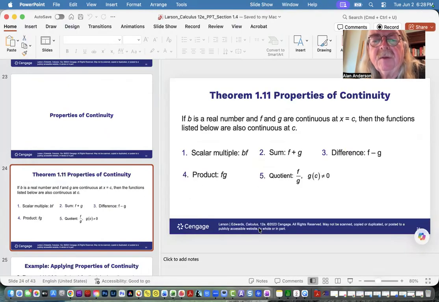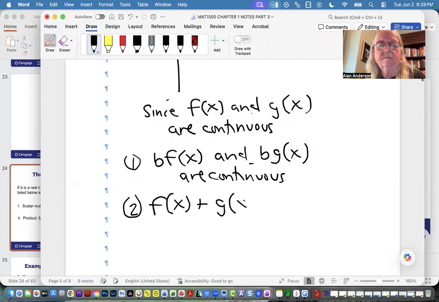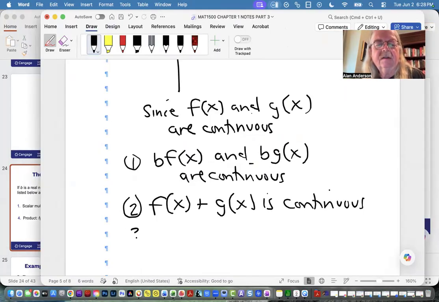Okay. Number two, their sum is continuous. Three, their difference is continuous.